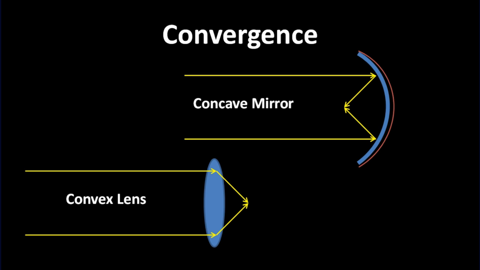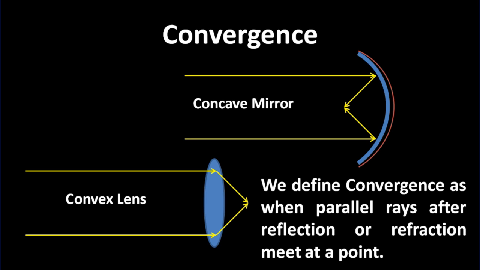The rays after passing through the lens are getting focused at one point. So we define convergence as when parallel rays after reflection or refraction meet at a point.